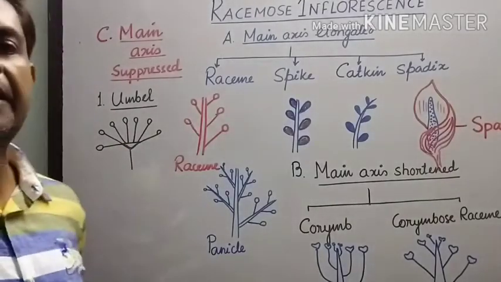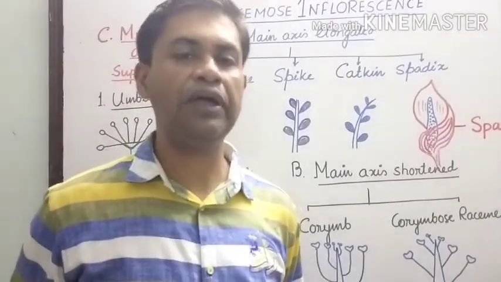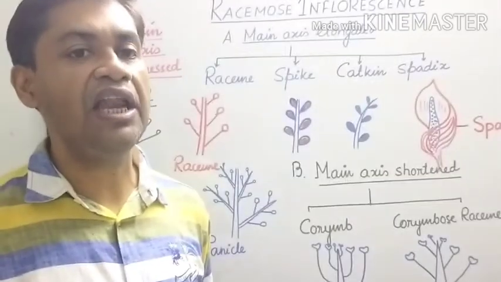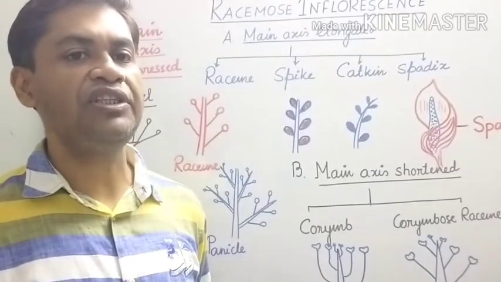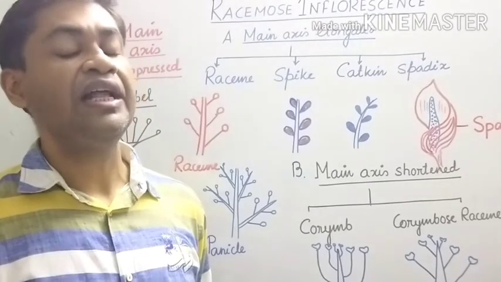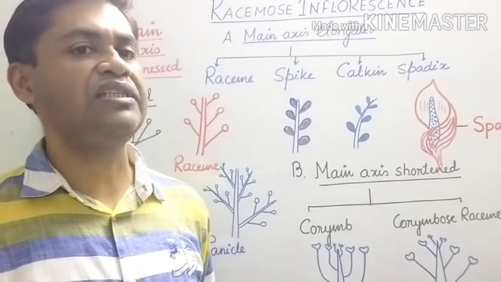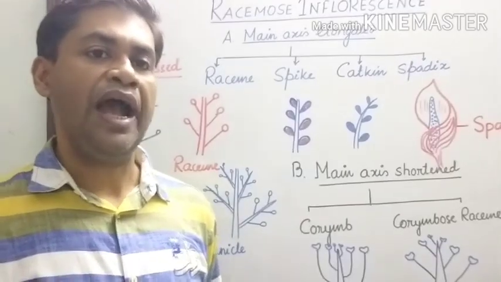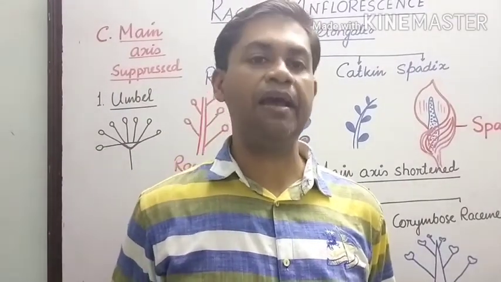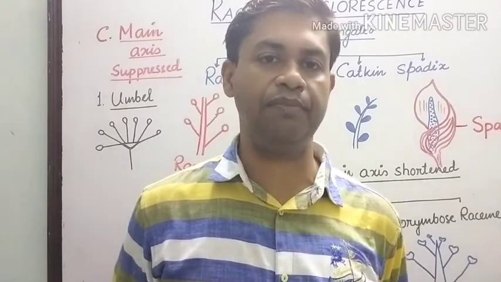We see these in Indian pennywort, meaning থানকুনি পাতা, scientifically called Centella asiatica. You can see this type of inflorescence in Indian pennywort. Besides that, you can see it in coriander too. And the last one will be the main axis flattened, and that I am going to teach you. Before that, let us discuss some more theoretical concepts.